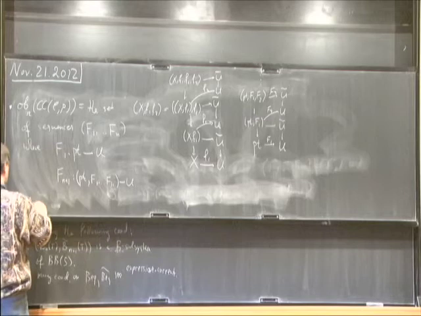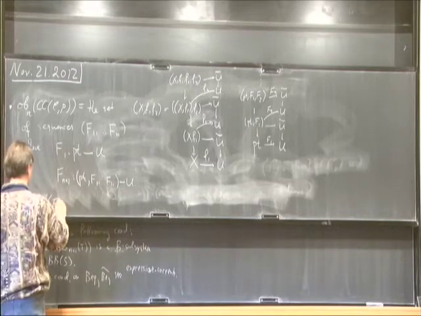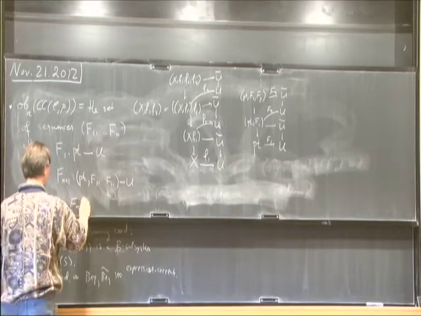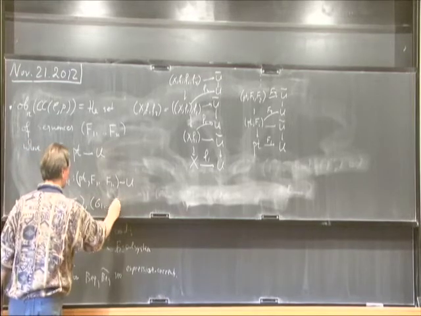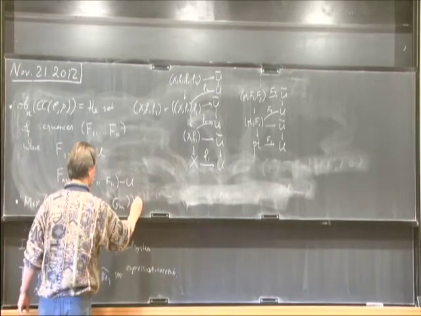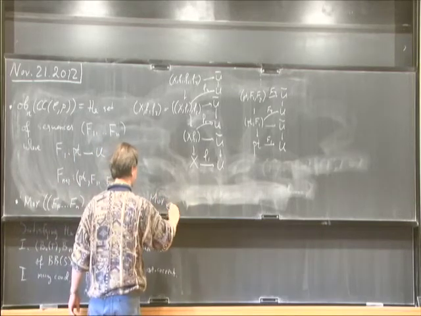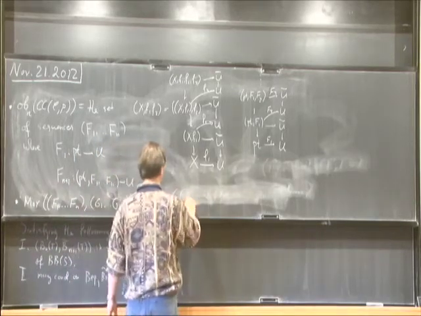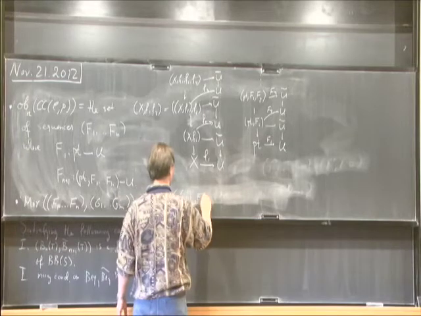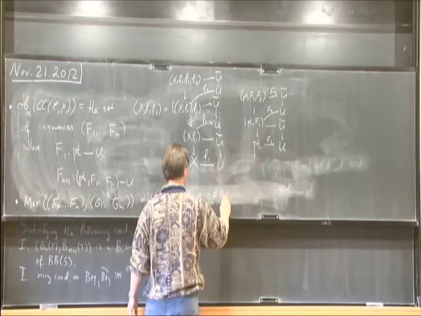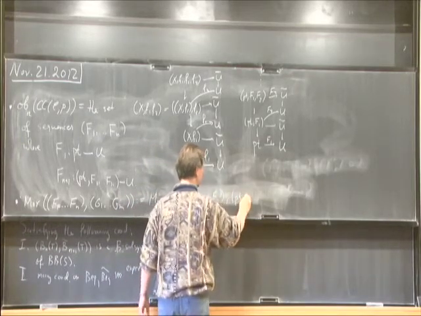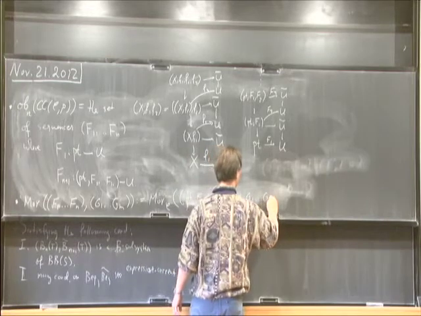Now, morphisms from (pt, F1, ..., Fn) to (pt, G1, ..., Gm) will be defined as morphisms in the category C from this object to the other object.